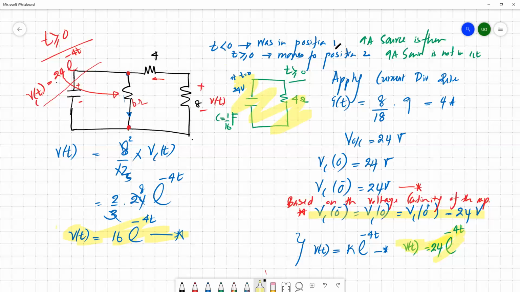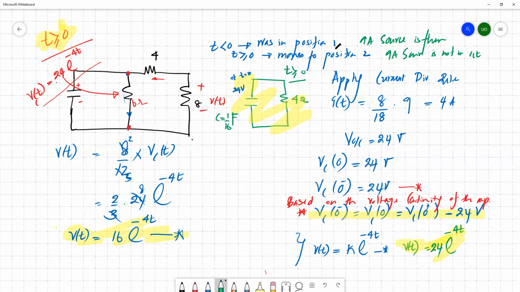Once you find this one, you can evaluate the voltages across the other elements by applying current divider, voltage divider, Kirchhoff, or whatever. So the initial conditions cannot be evaluated for the resistor. That's why we separately analyze the circuit for t less than 0 and evaluate the initial condition of the capacitor. Then use that information to evaluate the circuit for the t greater than 0 case.